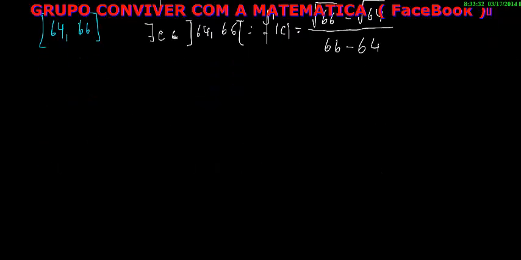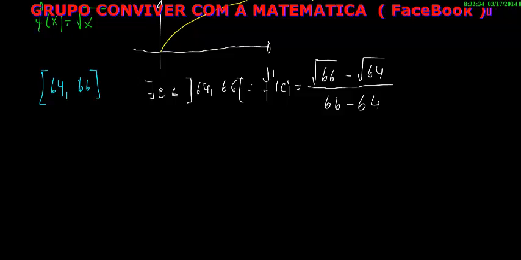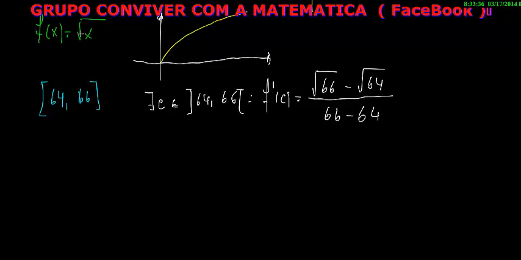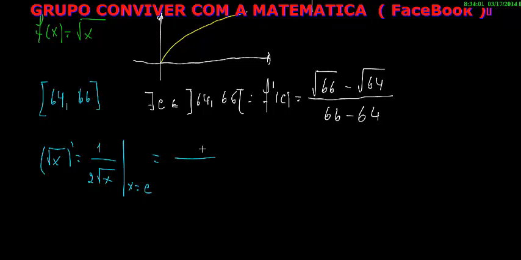And now I must find the derivative of f of x. I think it is very easy to find, because the derivative of square root of x equals 1, as I think you know, over 2 times square root of x. But I want this derivative at the point x equals c. So let us say it is 1 over 2 square root of c.